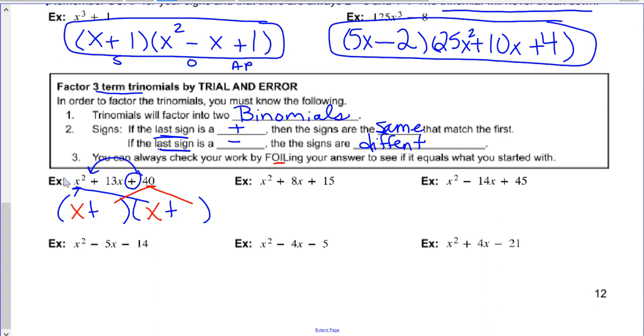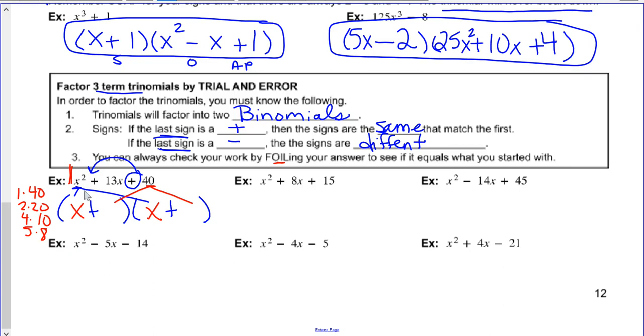Now, we have a nice little trick that we can do here with this power of 1. We're going to need factors of 40. Now, factors of 40 are like 1 and 40, 2 and 20, 3 won't go in, but 4 times 10, 5 will go in, 8 times 5. Those are the only factors. So we want to kind of group and figure out some of these things to make this work.